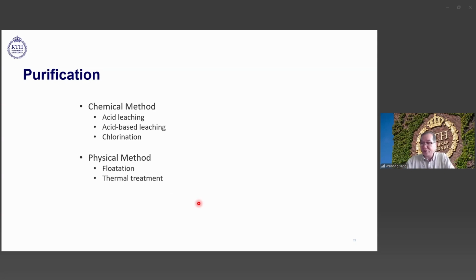In general, we have two ways to do the purification: chemical methods or physical methods. Chemical methods, basically you use acids or acid-based leaching, chlorine. Of course, you can also do fermentation, some treatment that's quite widely used in real industries.